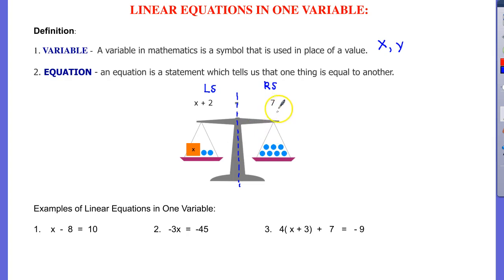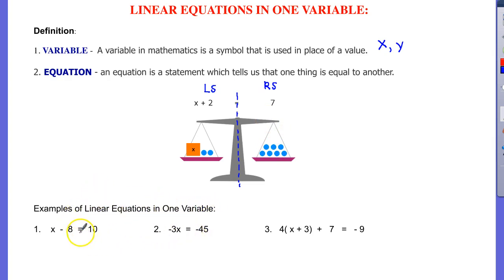As you can see, when you have an equation, this should be balanced. That's what the equal sign is, that this left side, the weight of that is the same as the weight on the right side.